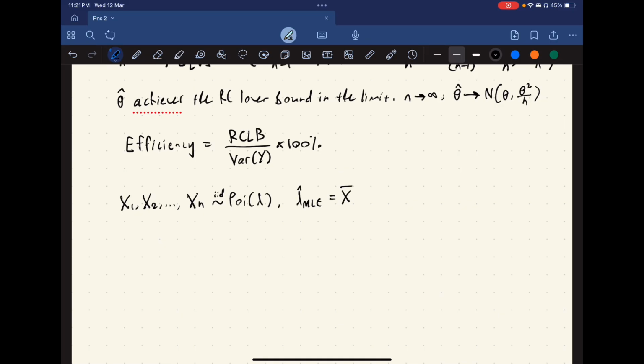I'll use this notation just for reference. So this statement here implies this. Now, is that lambda hat MLE an efficient estimator of lambda?